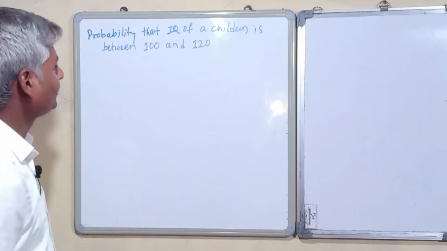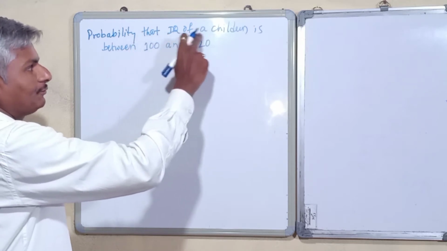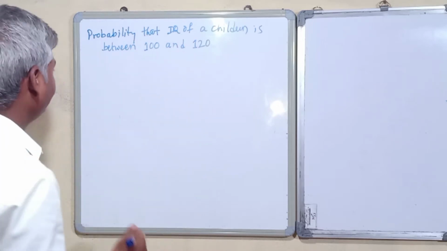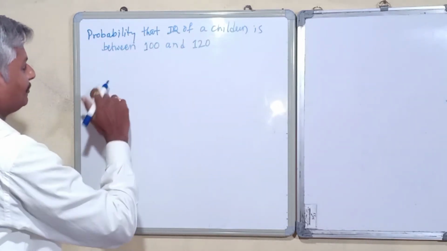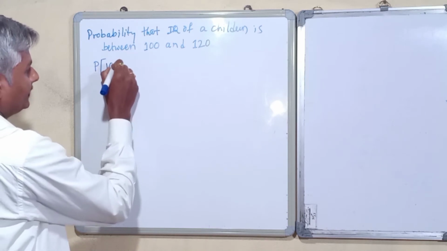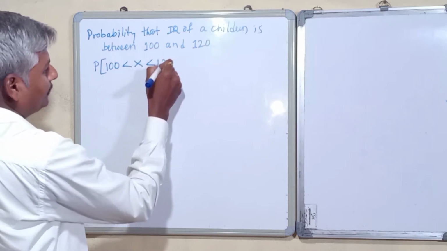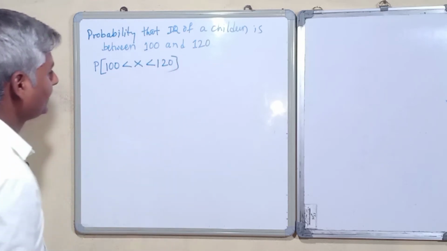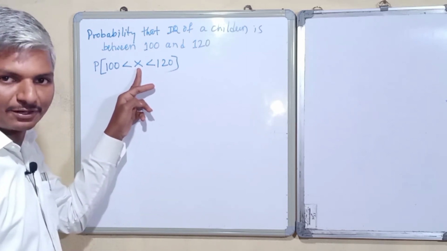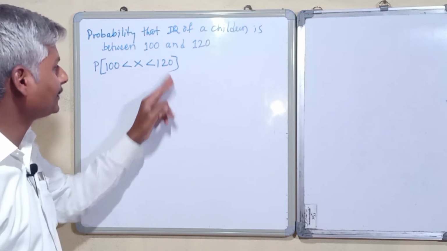This line we can convert into a probability function, that is the probability of 100 less than x less than 120. Here x is the IQ of a child and x is a normal variate, and it is between 100 and 120.